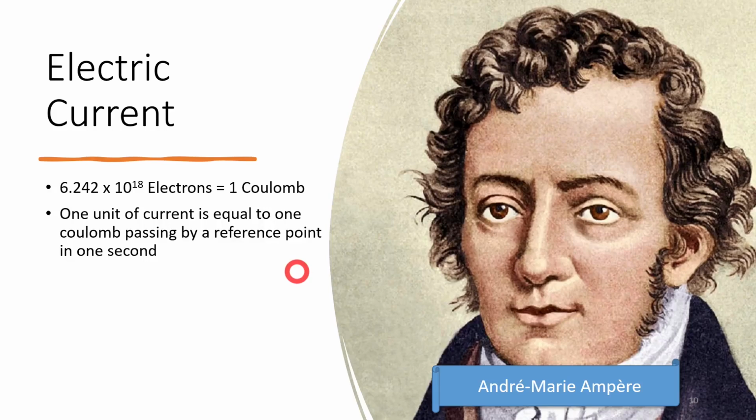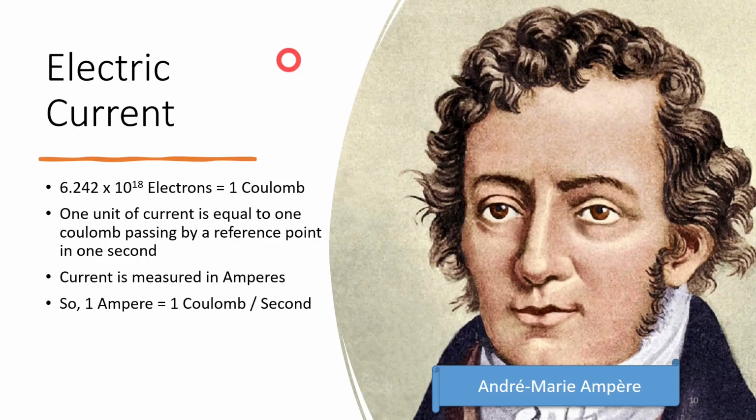Now, electrical current, as defined by our System International units, is 1 unit of current equal to an entire coulomb, or that many electrons, passing by a reference point in 1 second. Current is measured in amperes, an honor given to Ampère for his study on the measurement of electrical current.